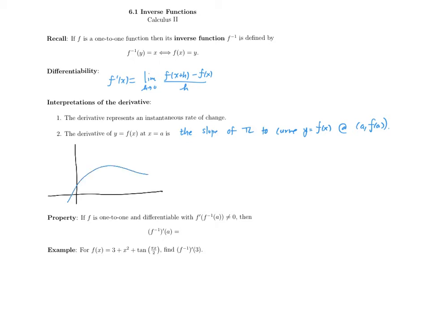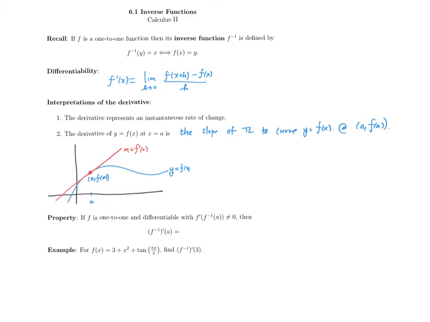So graphically, we can think if we have y equals f of x, and for a specific input a, we have a point on our curve, a comma f of a. And the tangent line to the curve at this point, the one that just hits the curve at that point when you're close to a, has slope given by f prime of a.